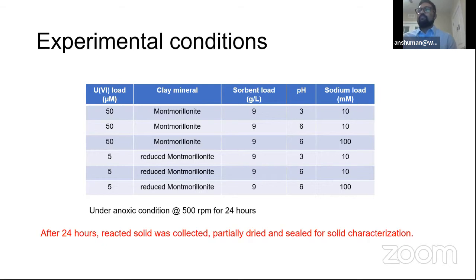And then again, the same pH and sodium condition. And we did all these experiments under anoxic condition for 24 hours at 500 RPM. After 24 hours, we collected the solid, partially dried it and sealed it for characterization purposes.